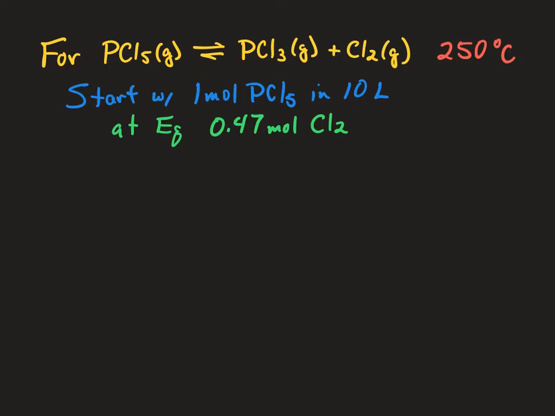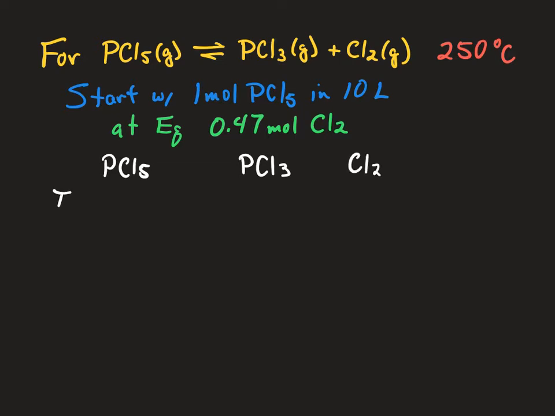The question is, first, what is the equilibrium concentration of all of the components of the reaction mixture? So we can start and set up an ice table. That is, we can look at this reaction: phosphorus pentachloride, phosphorus trichloride, and chlorine.